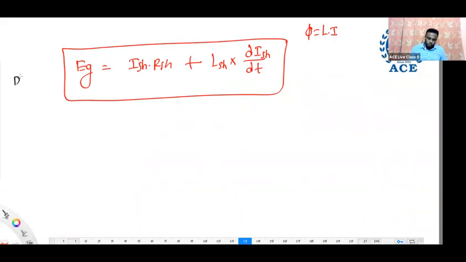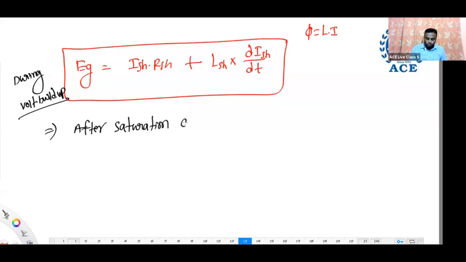This equation is valid during voltage build-up. Suppose now the voltage reaches constant after saturation of poles.